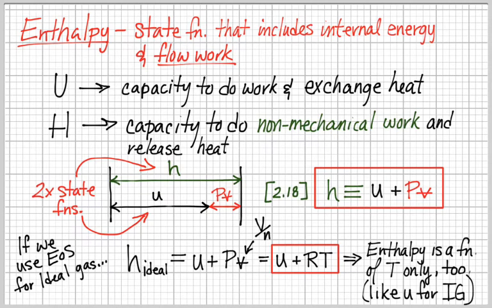That is exactly the same as for internal energy change. As a gas changes in temperature in an ideal gas setting, that will change the internal energy. That will also change the enthalpy.